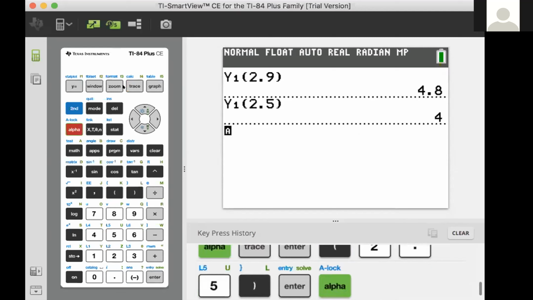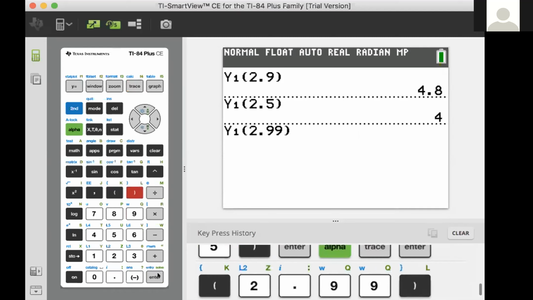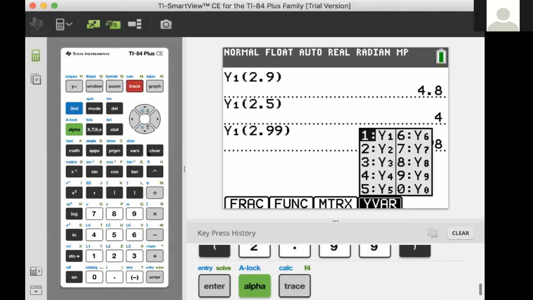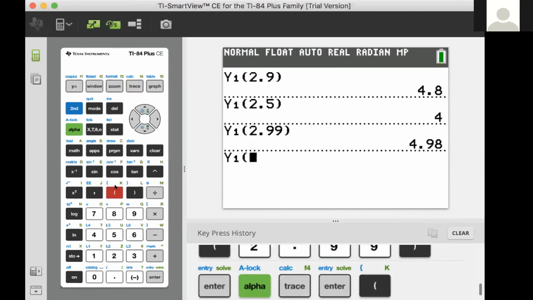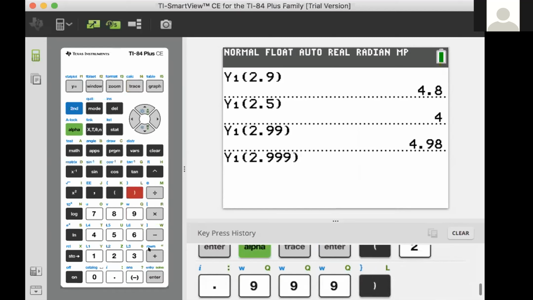So alpha F4, enter, parentheses, I could say 2.99. And I could do that one more time. Alpha F4, press enter, parentheses, 2.999. So as x approaches 3 from the left side, I'm getting closer to 4.99, a number which we could say is 5.